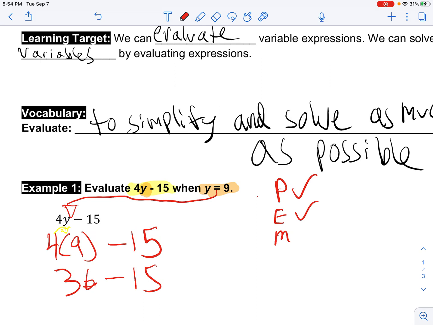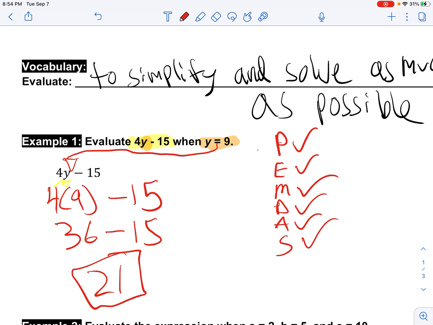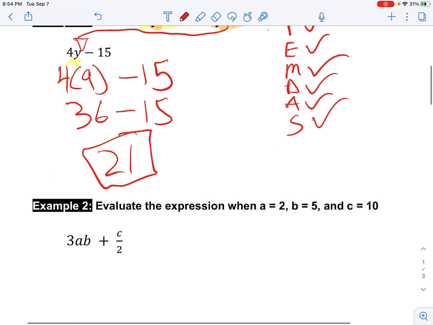And then I'm going to take 36, subtract 15, because I'm done with multiplication. I don't have division. I don't have addition. I do have subtraction. So 36 take away 15 is 21. So I was able to evaluate: if y equals 9, then the expression 4y minus 15 actually equals 21.